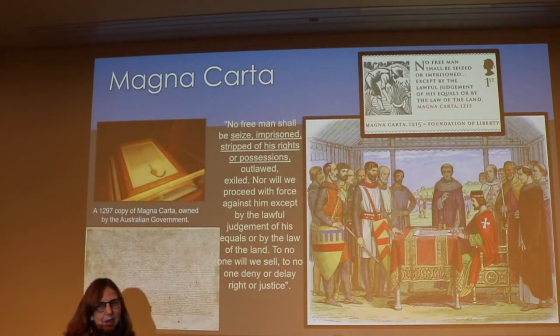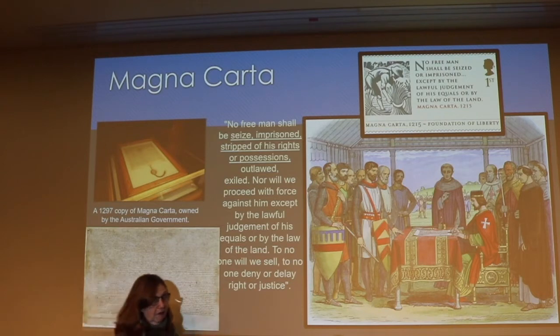We talked a little bit about the Magna Carta. In 1215, King John was not very popular. People did not like him at all. He had a very bad reputation. And in order to try to rebuild his reputation with the people of England, he decided to write this document.